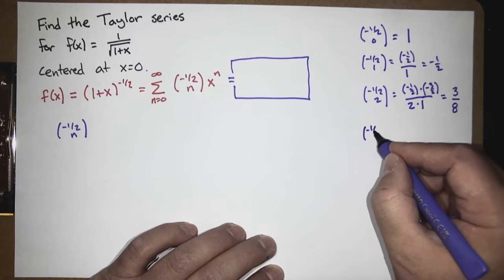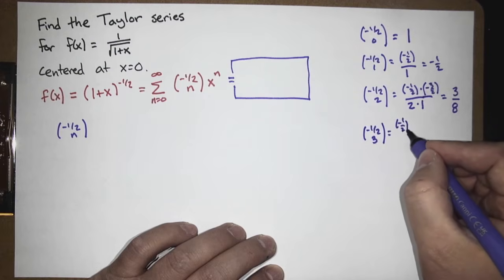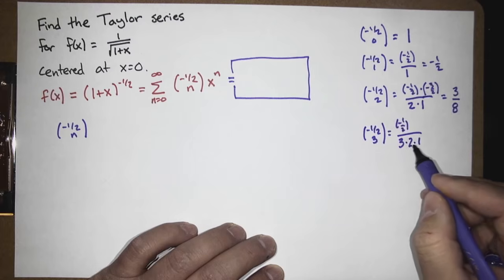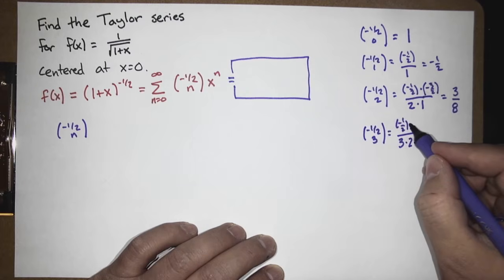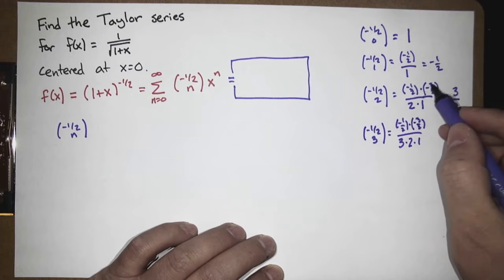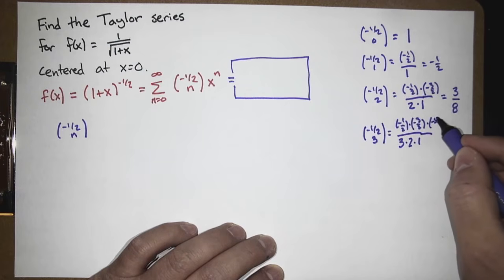Minus a half, choose 3. Upstairs, we're going to start with minus a half. Downstairs, we're going to start with 3. And the downstairs is easy, 3, 2, 1. We just go down. Upstairs, what comes after negative a half? Negative 3/2. It's the same thing as we had here. Then what's the next term? Negative 5/2.